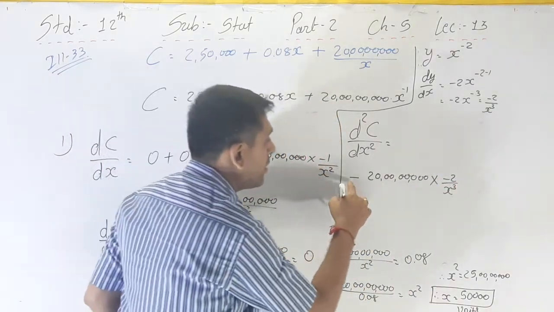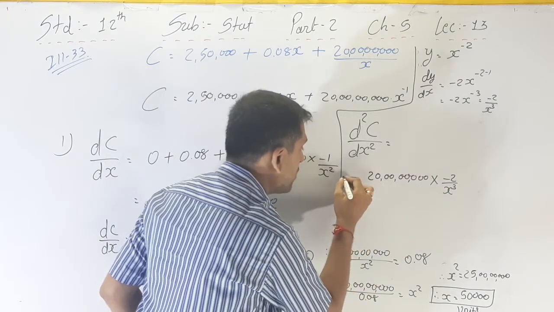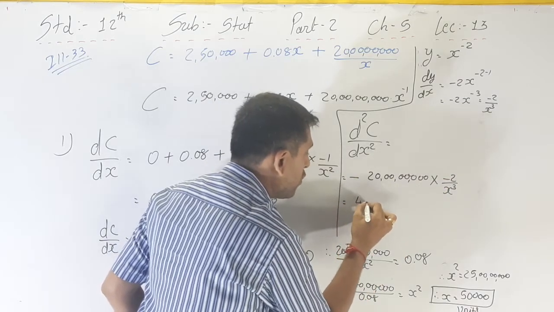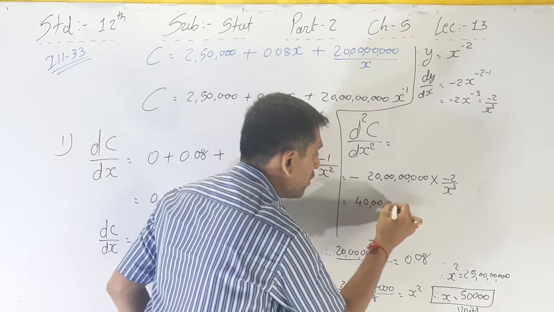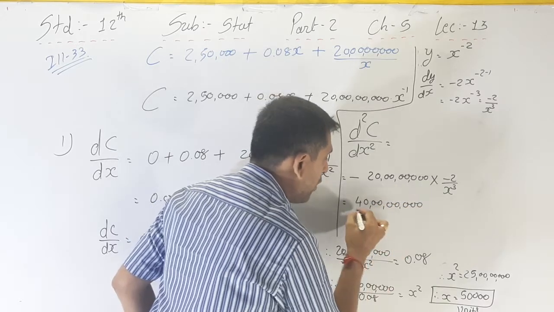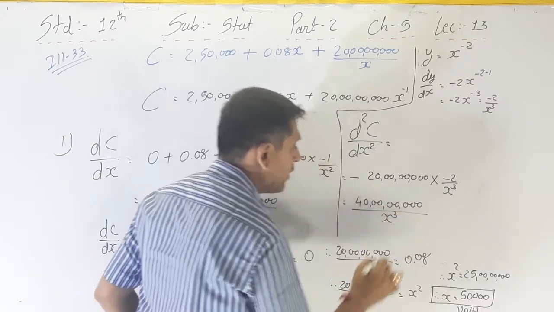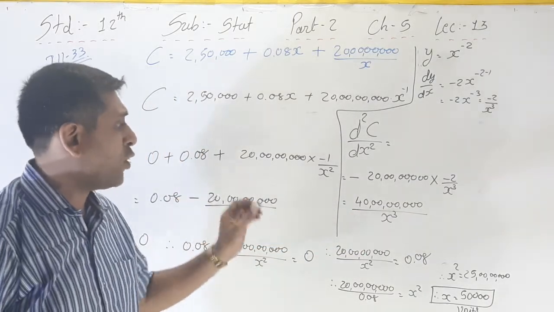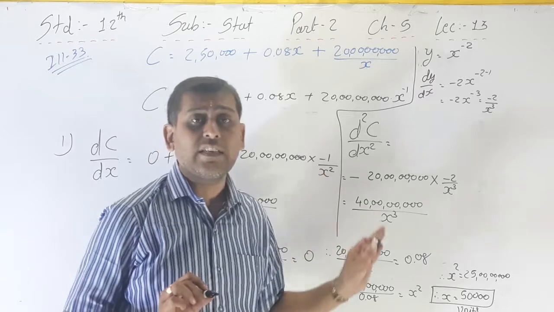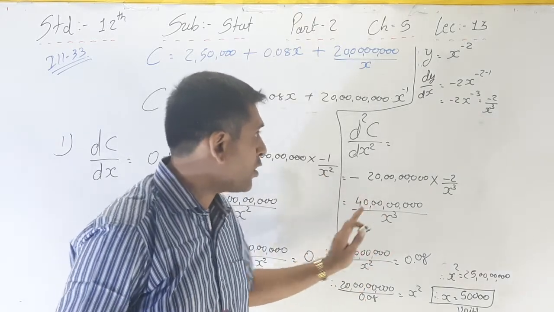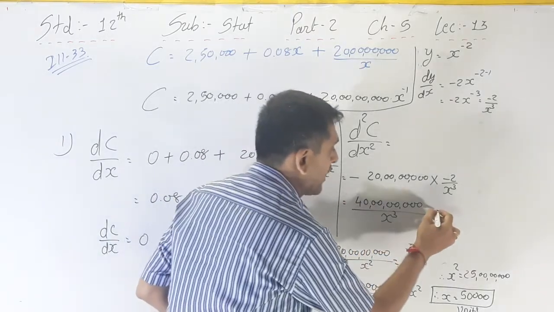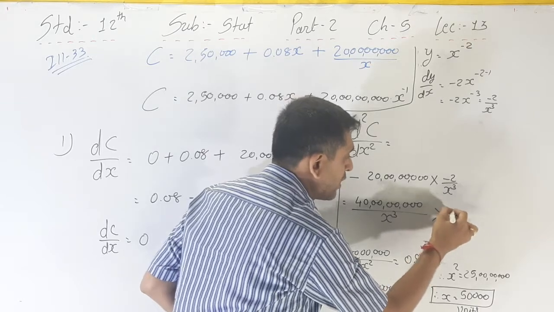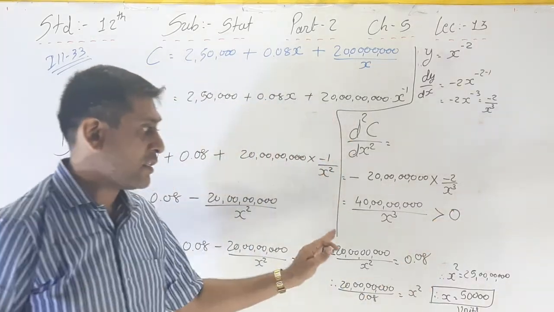What is the answer? Minus minus plus. So here the answer is 40 crore upon x cube. See, the answer is positive. Even without knowing the value of x, we can say that the answer is positive. That's why we can say that it is greater than 0.